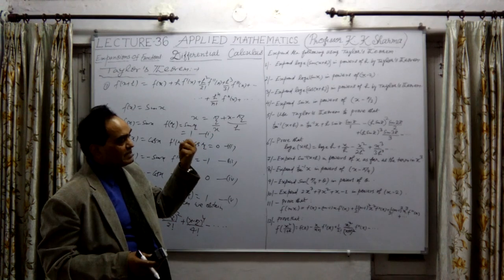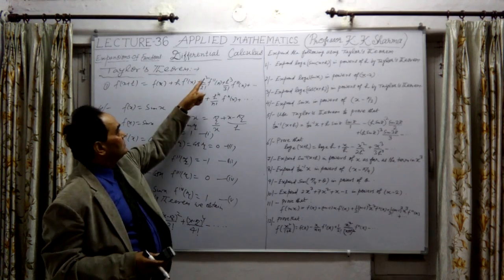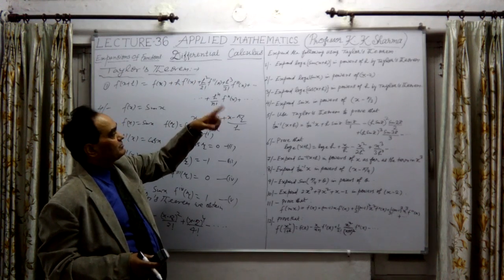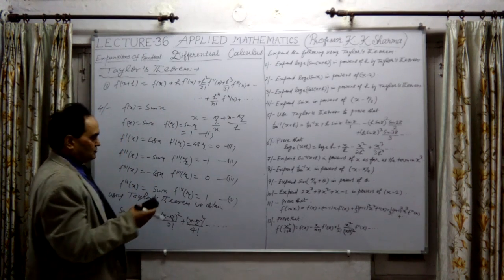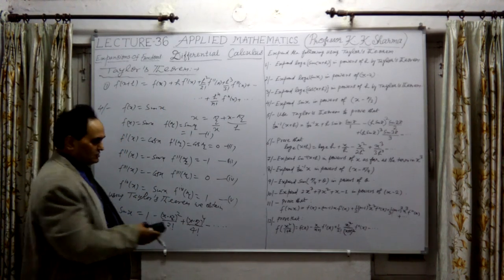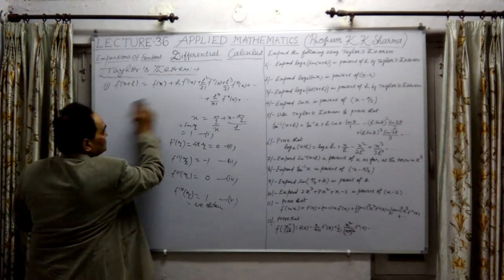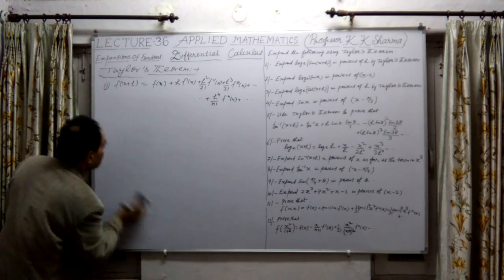So in place of x we have to substitute pi by 2, and this is the value of h, because in powers of h means in place of h we have to use x minus pi by 2, and x will be pi by 2, that we have obtained here. This is the final result. So using Taylor's theorem, the solution of question number 4 we have obtained.